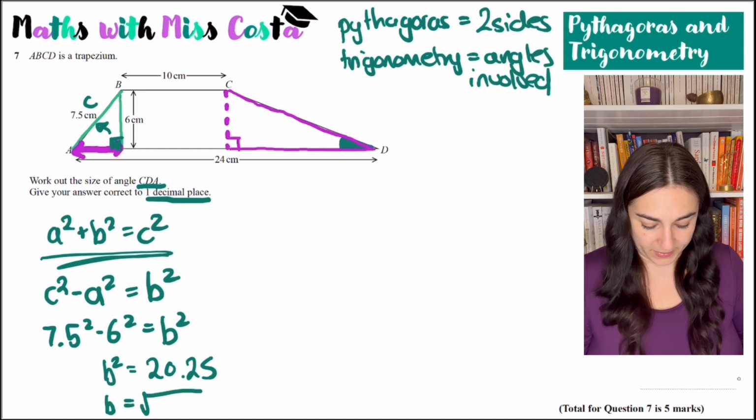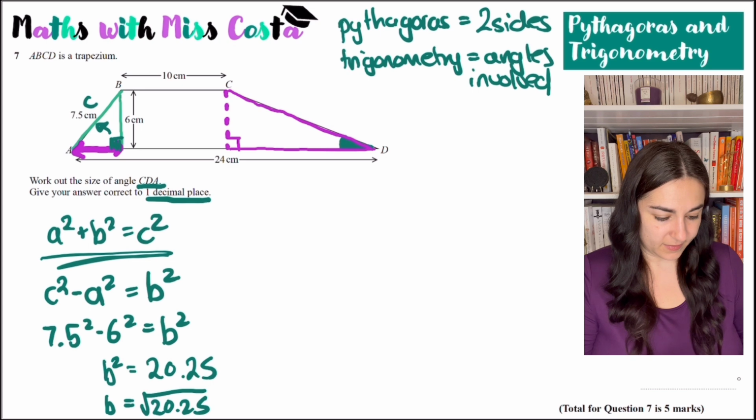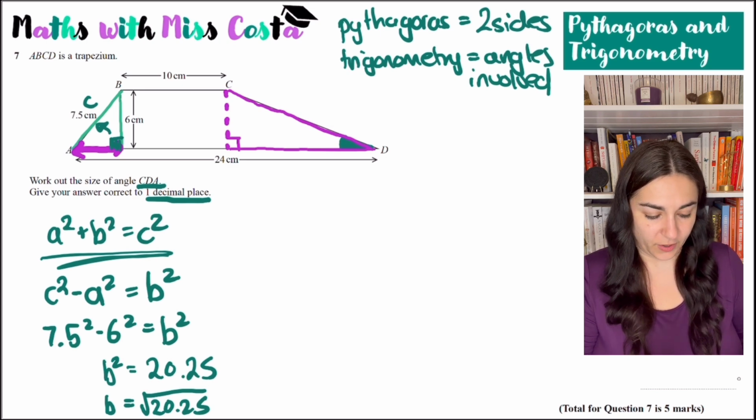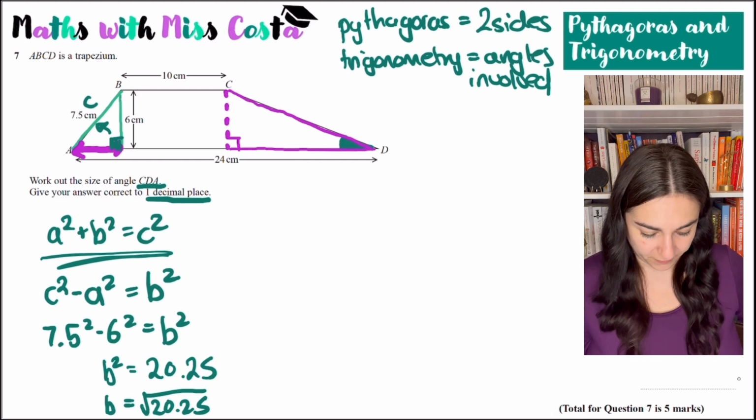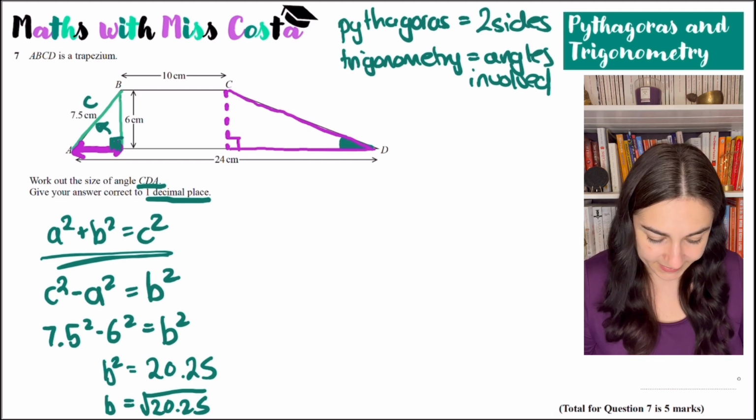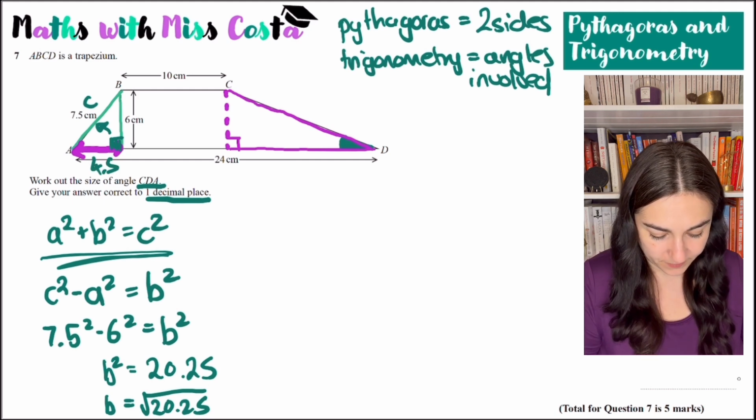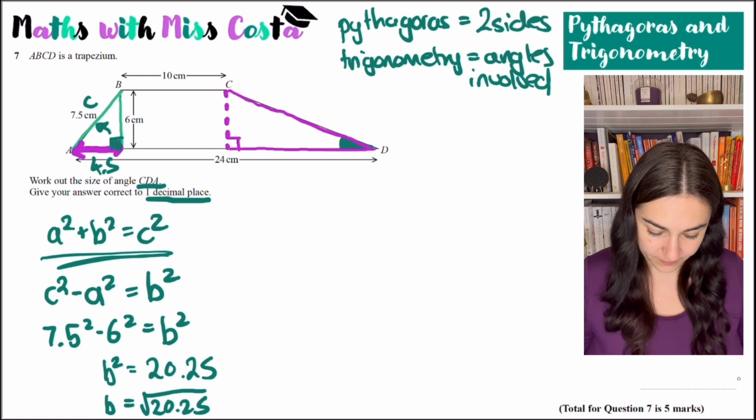So to work out b, the final step is to do the square root, which gives me 4.5. So I now know that this length over here is 4.5.